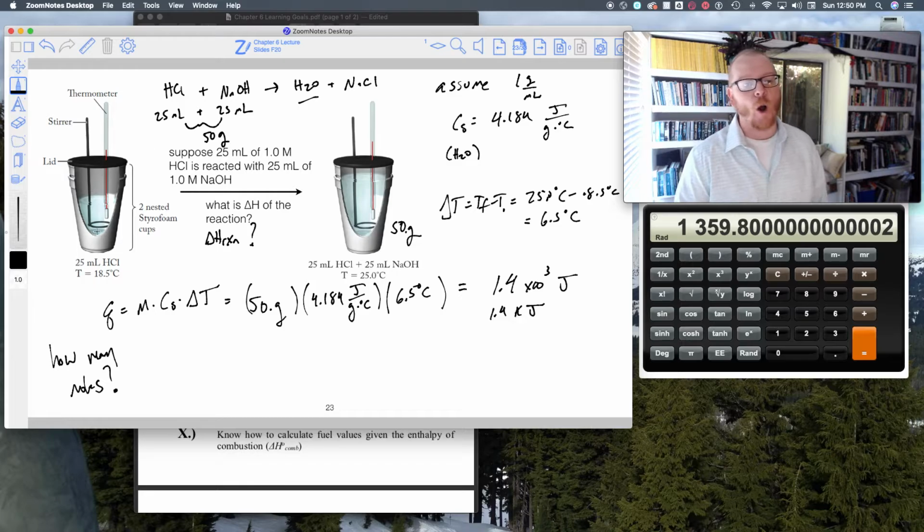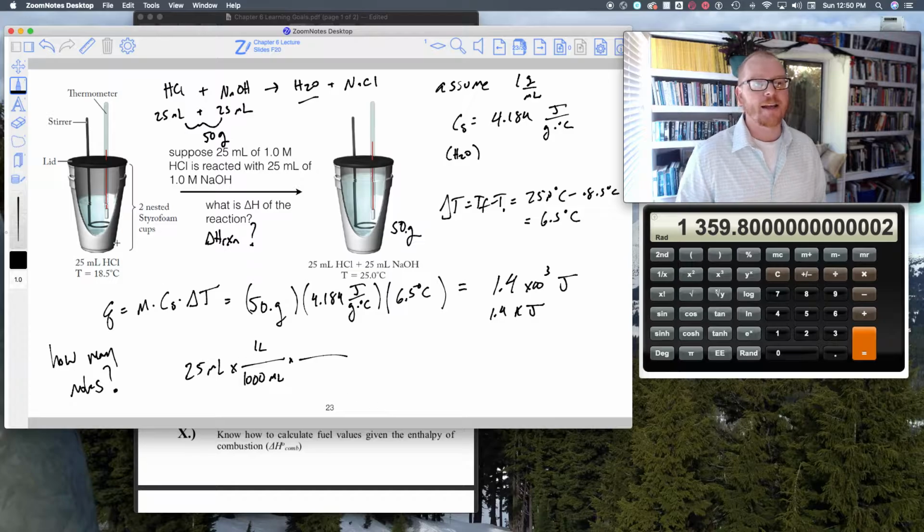So here's what I know with my HCl, and I could do the same with NaOH because they're both the same volume and molarity. I know that there was 25 milliliters, and I'm trying to convert this into moles. So first I need to get that into liters.